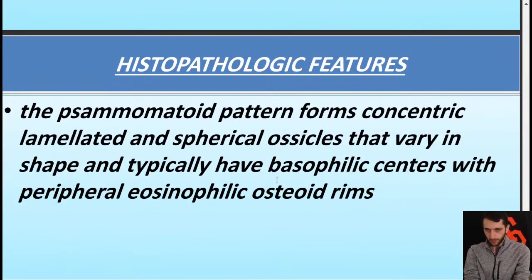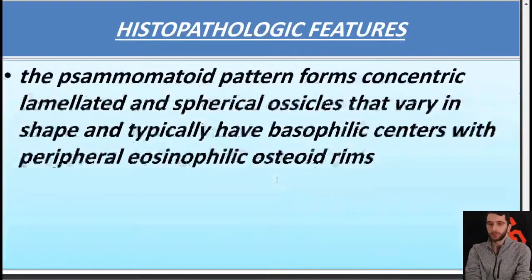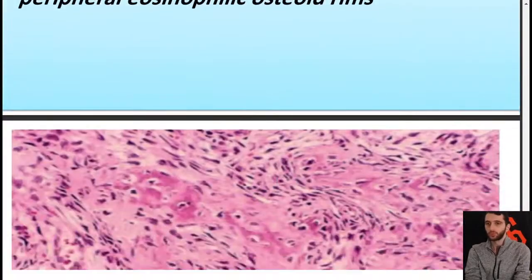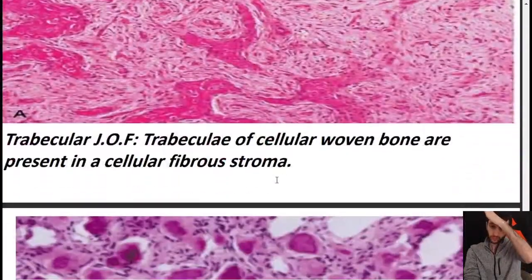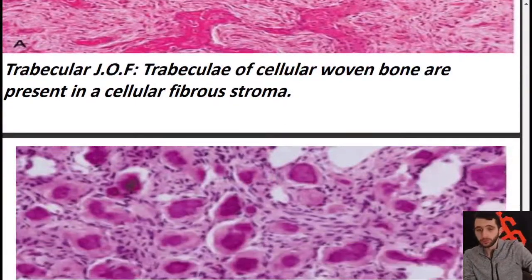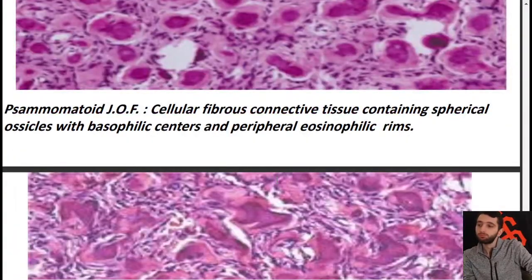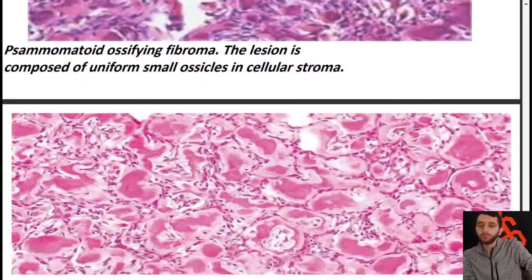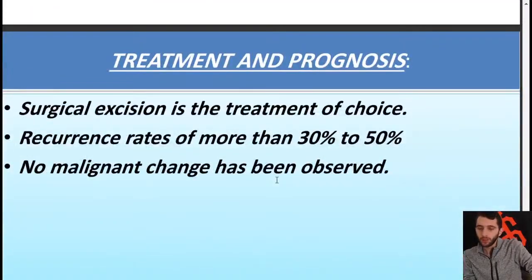Psammomatoid, concrescent, concentric, lamellar, spherical, trabecular, woven. Also surgical excision, same as we have been talking about.